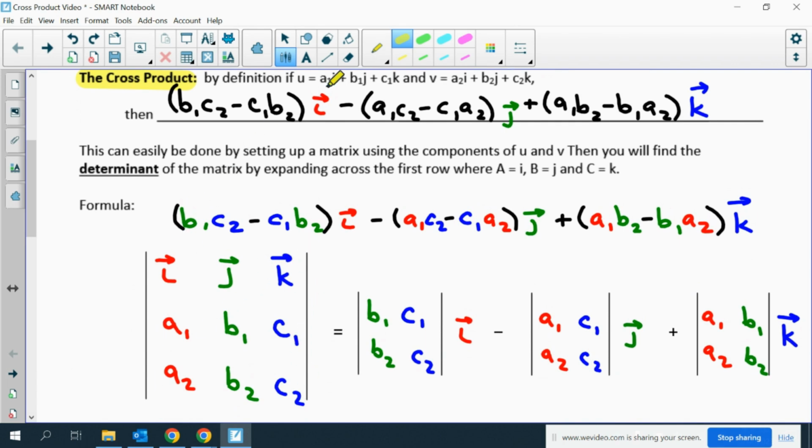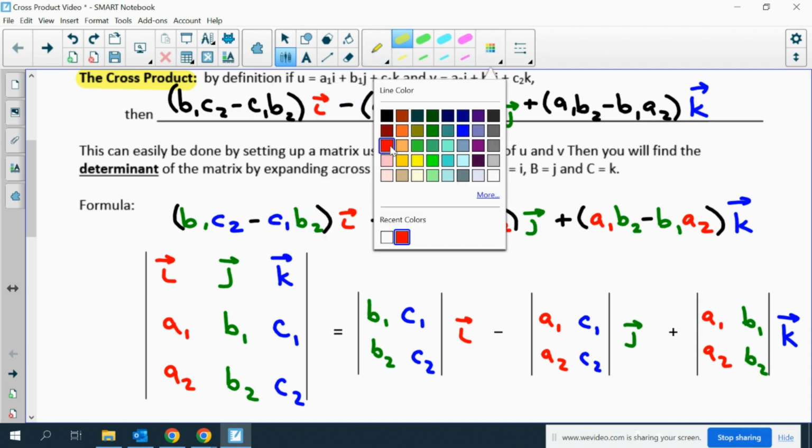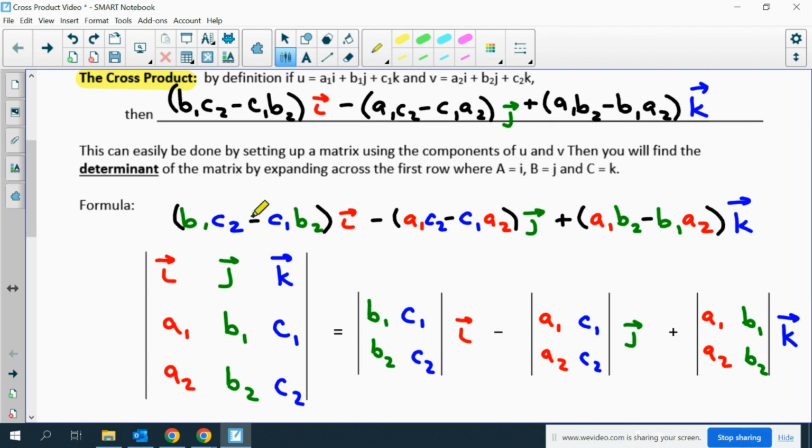And the determinant of a 3x3 matrix shows up by finding 3 separate determinants of 2x2 matrices, and then either adding or subtracting. So let's say we want to find the determinant of this 3x3 matrix.